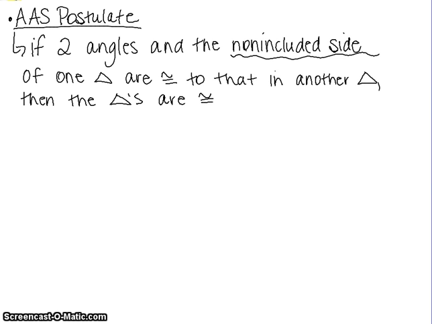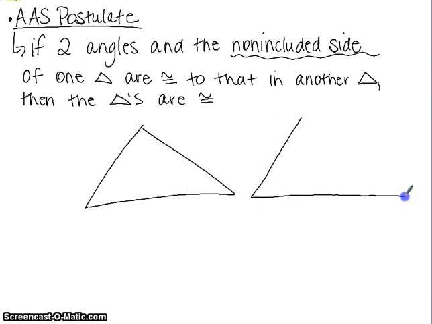Okay? So in the previous example, or the previous slide, we said that the included side was the one that fell between the 2 angles. Well, you can probably guess what the non-included side is. And I'll show you a picture right now. Okay, so again, just 2 random triangles. Hopefully they look congruent or somewhat congruent to you. So 2 angles. So maybe this one and this one. And then maybe this one and this one.